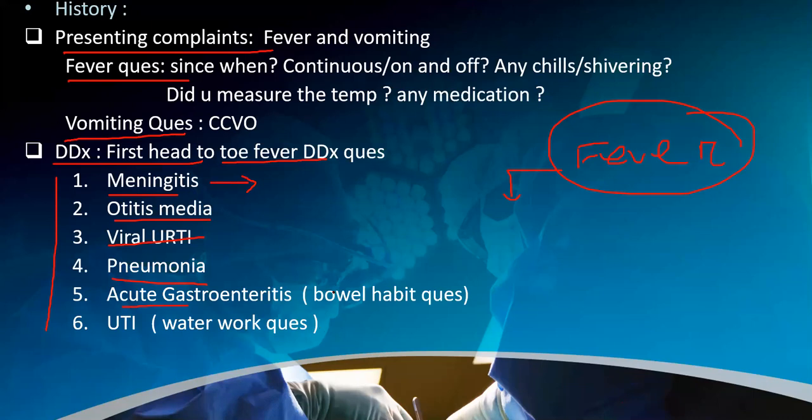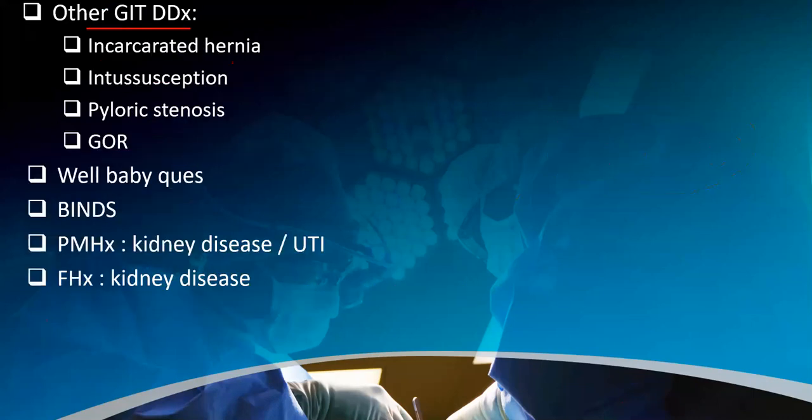After you have asked those questions, just ask a couple of GIT differentials, which normally we would ask at first, but in here we will ask it later on. So ask about hernia, intussusception. You already asked about pyloric stenosis and reflux just by asking the vomiting question.